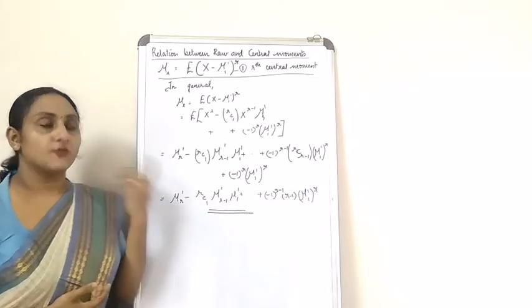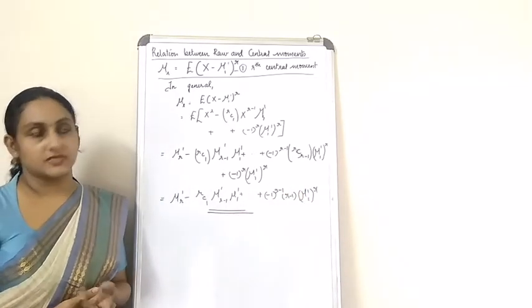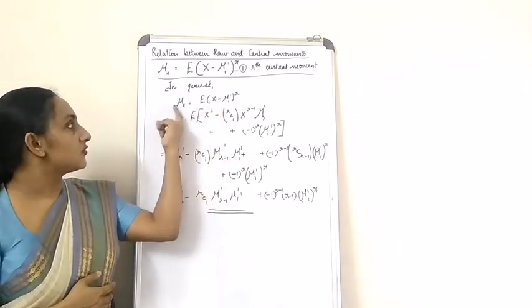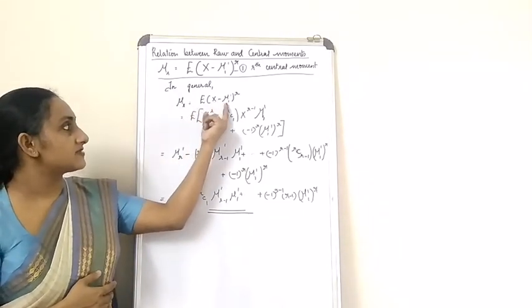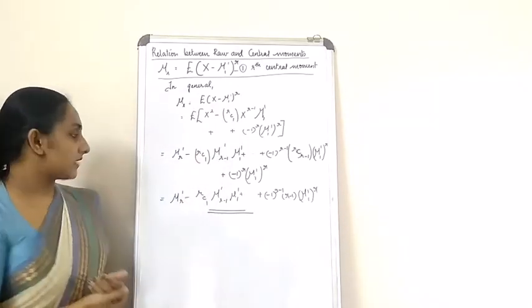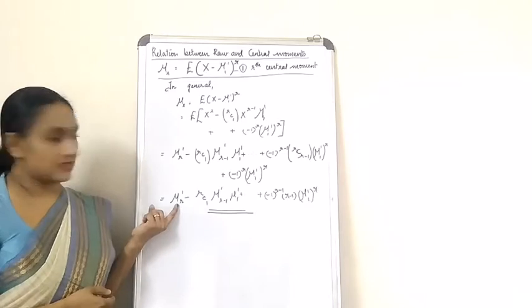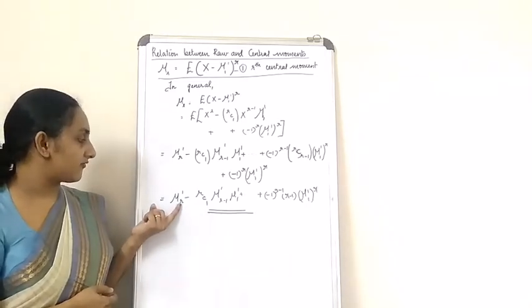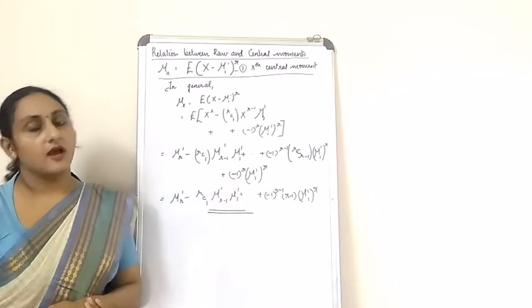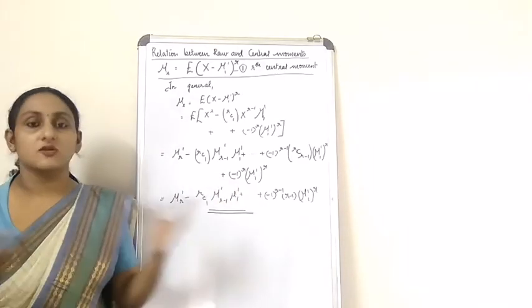So if you want to find out the fourth central moment, you can either expand it from here itself, that is mu4 is equal to expectation of (x minus mu1') raised to 4, or else you can put 4 over here instead of r, that is mu4' minus 4C1, and you can find out the answer from this equation also. That is all up to you.